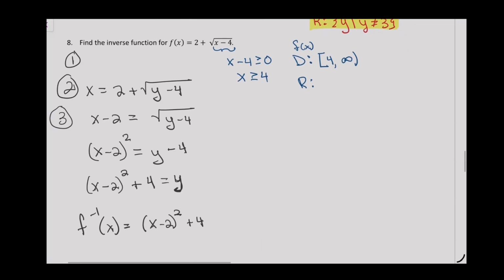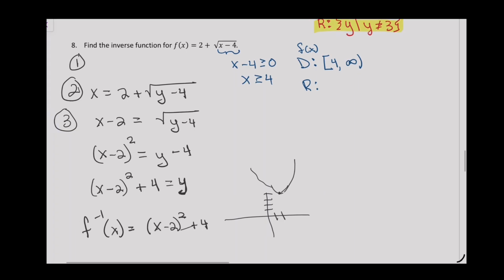Let's go to this function now. Remember, we graphed it a minute ago. And when we graphed it, it was over 2, up 4. 1, 2, 3, 4. And it made a U shape. Well, this domain didn't really help us too much, did it?